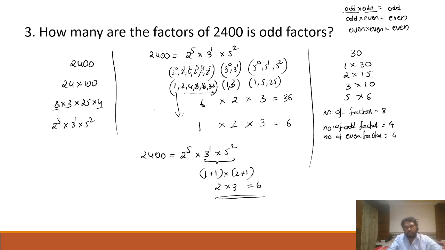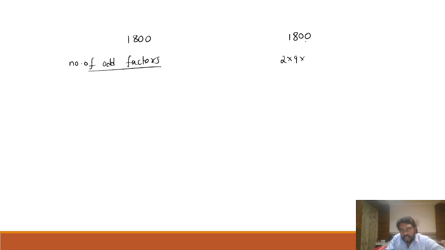Okay, fine guys. Now I'm going to do this directly for another number. Let's say the number is 1800 and I want to calculate the number of odd factors. As I told you, you just prime factorize 1800. 18 is nothing but 2 times 9 and 100 is nothing but 25 times 4.